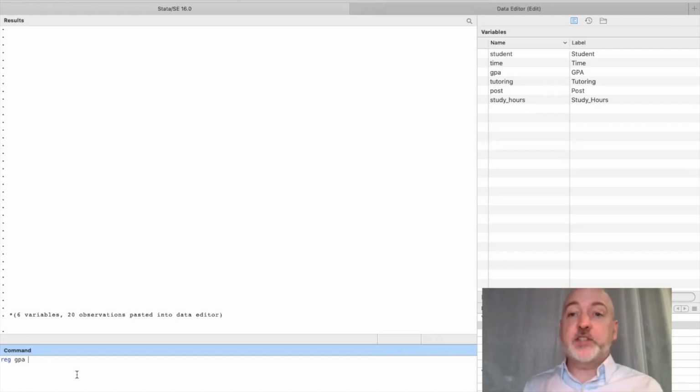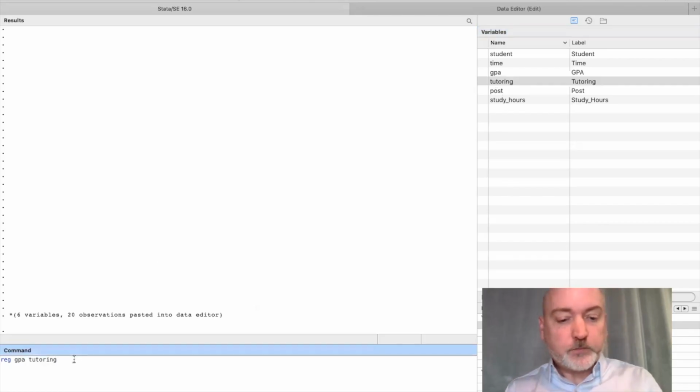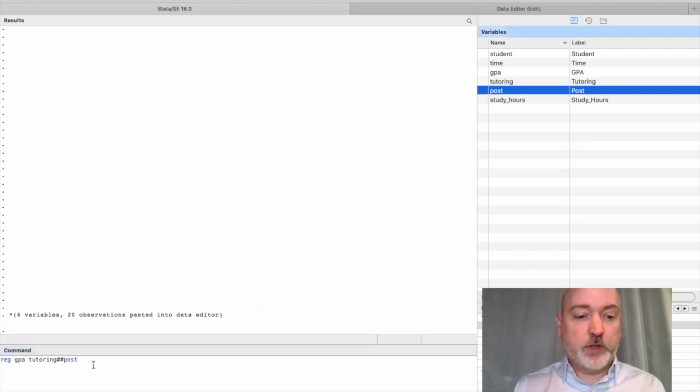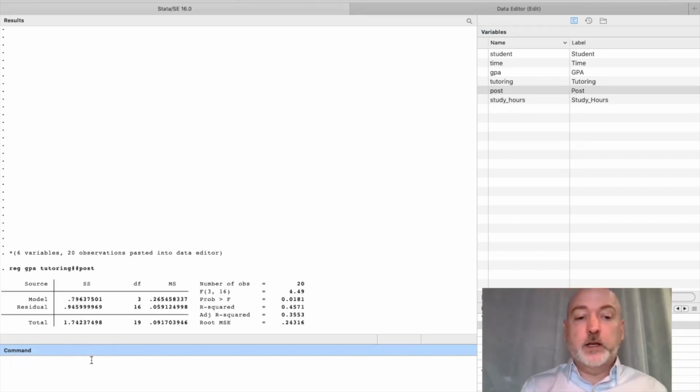We can do that really simply by using the double interaction indicator in Stata. So we're going to take our treatment variable, tutoring, and then we go double hashtag, and post. That's going to give us all the different combinations, each dummy variable individually and the interaction term.